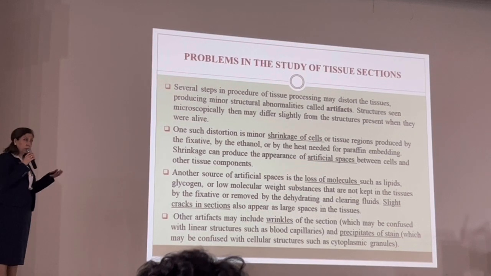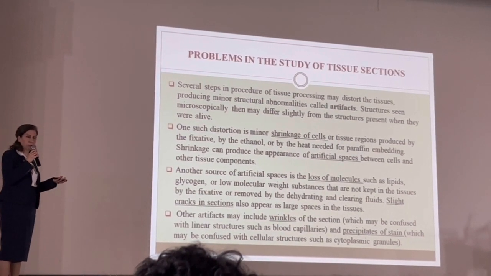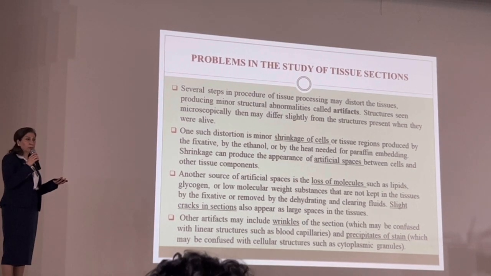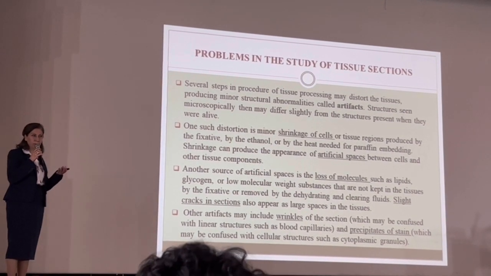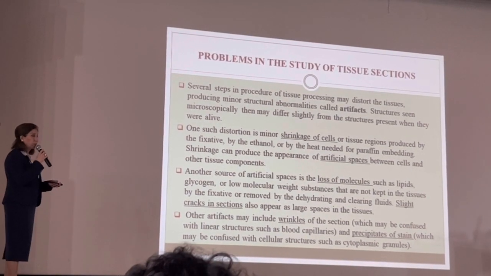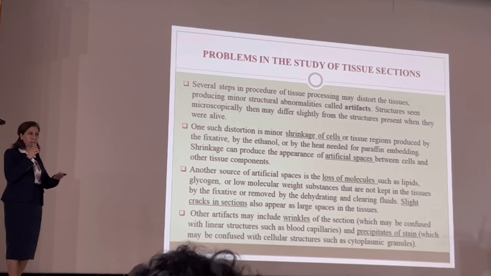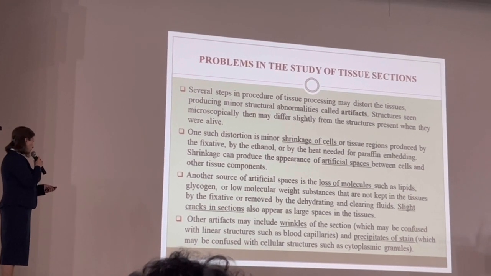If, during the process of the preparation of the tissue, you lost part of these molecules from the tissue, you cannot predict which type of disease or which type of problem you will have in this tissue specimen. So it's very important to get the complete whole idea of the tissue slide. So this is another problem.